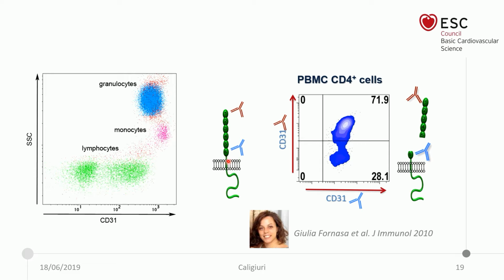So Giulia Fornasa, one of my PhD students, did this type of experiment, and she could find that, especially on memory cells, this population is enriched, meaning that they have a CD31 which is positive only for this antibody and not for the other one. Therefore, this portion is missing. They are truncated.